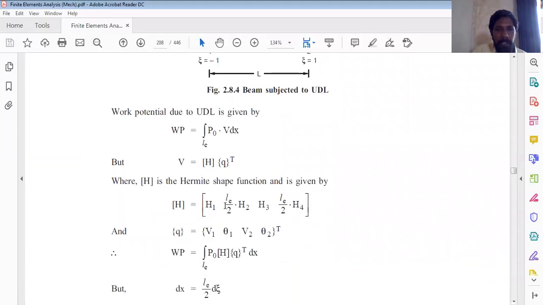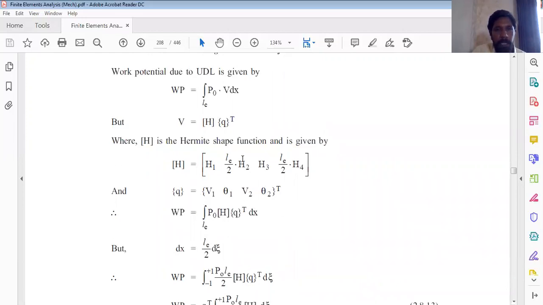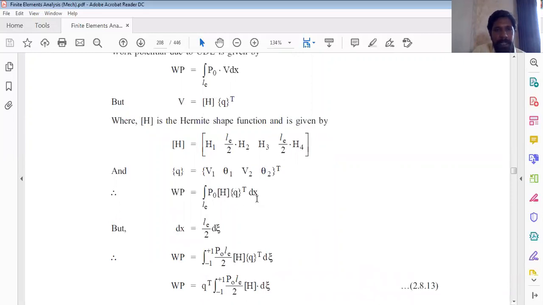V is nothing but HQ. H consists of H1, Le by 2 H2, H3, Le by 2 H4, and Q is the displacement vector associated with V1 theta 1, V2 theta 2. So I have just substituted the V term, that is H into Q, here, and dx is nothing but Le by 2 d zeta. With this relation, you can find this.